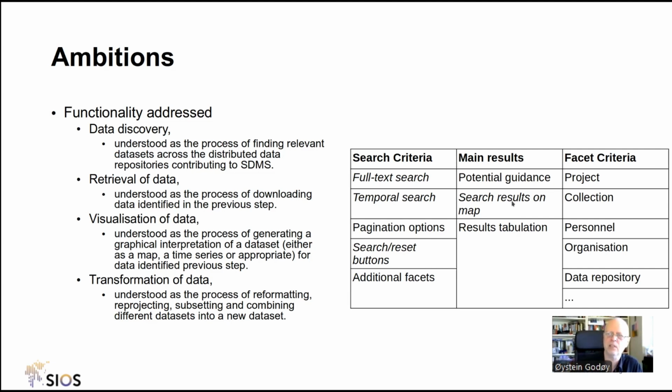So in the next version of the portal, everything related to search will be in the first column. And then you have the facet criteria here, and we list for the time being project, collection, personnel, organization, and data repository. One thing to mention here is that not all data repositories expose their own identity in the discovery metadata that they expose, and then it's not showing up here. So that would be a requirement in order to show up there.